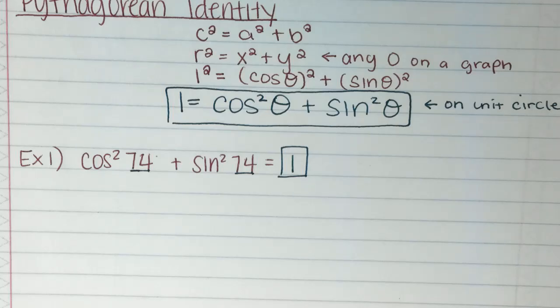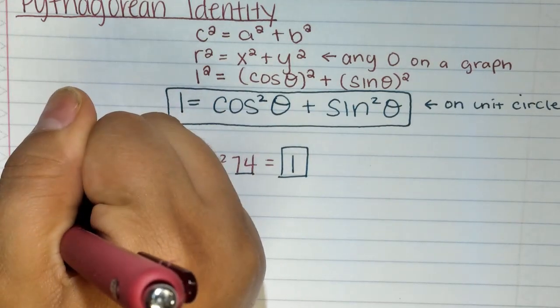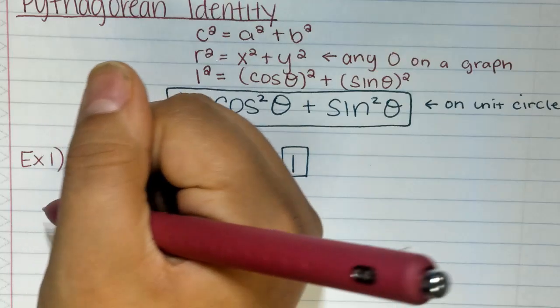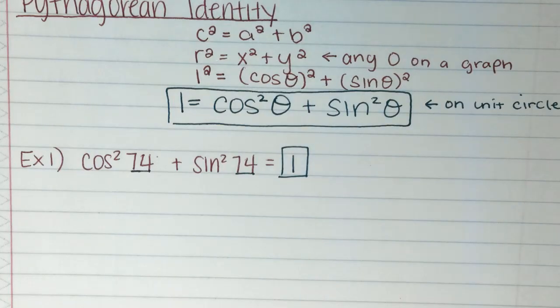We're okay? All right, the next identity that we have is the quotient identities.